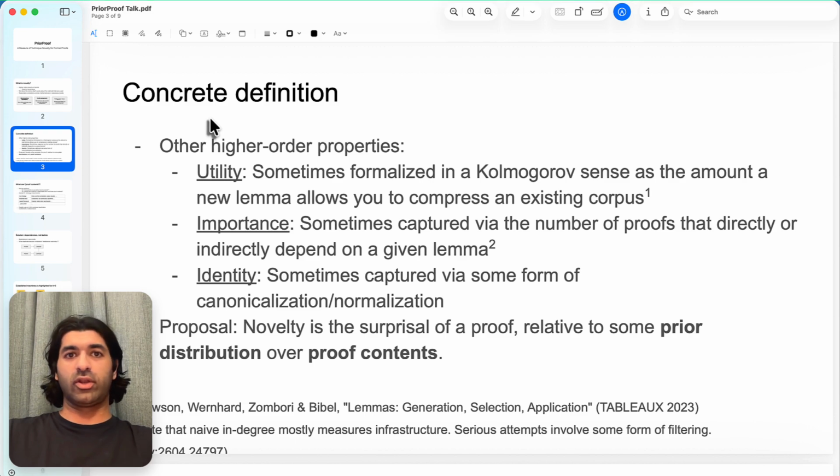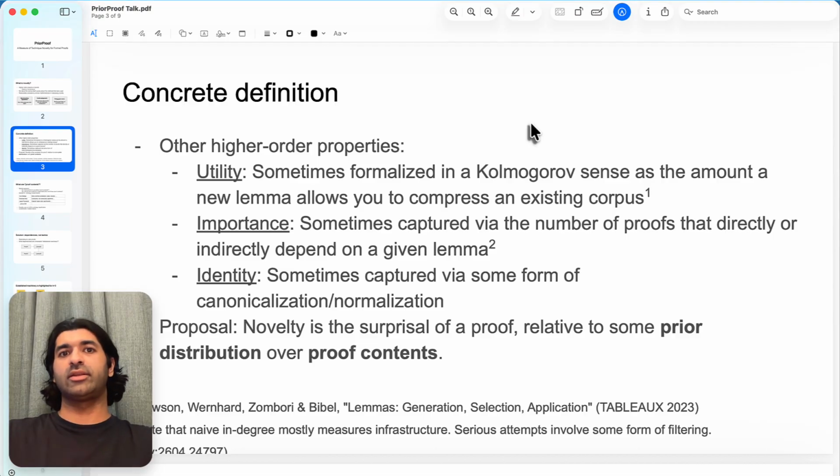And I want to propose a concrete definition for it. These are other higher order properties of proofs that you may or may not be familiar with. Utility is sometimes formalized in this Kolmogorov complexity type analogy, where if you take a new lemma, then its utility is how much it allows you to compress an existing corpus. Of course, there's syntactic compression, which you'd want to ignore, like syntactic sugar.